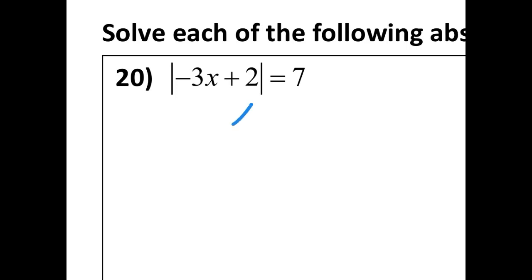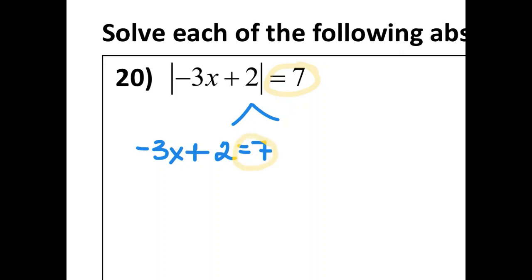Once it's isolated, you want to split the equation into two separate equations without an absolute value. Write the inside of the absolute value exactly the way it's given at the beginning, and then set that equal to the positive number that's on the other side of the equal sign.